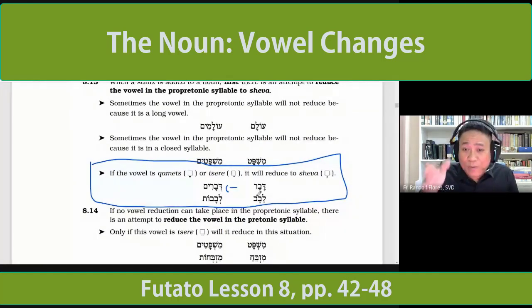The long vowel, in an open propretonic syllable, becomes shortened.